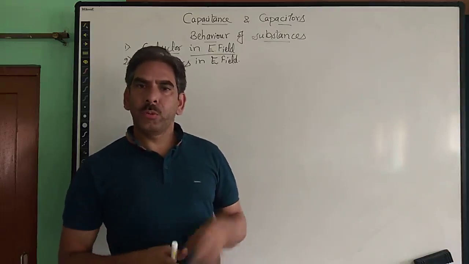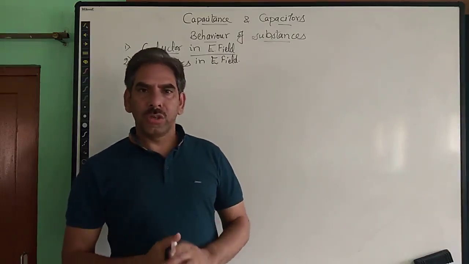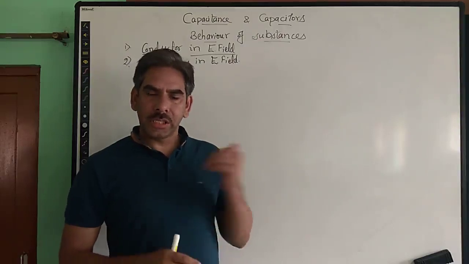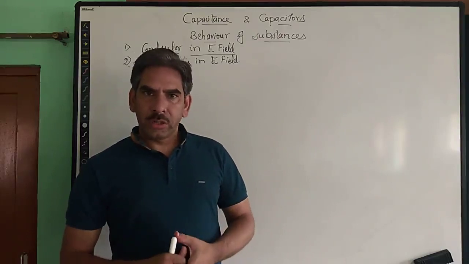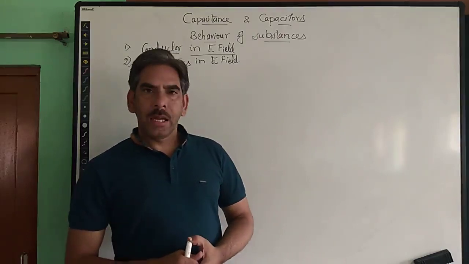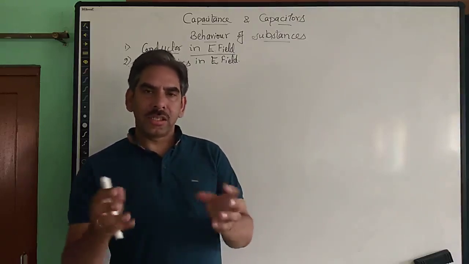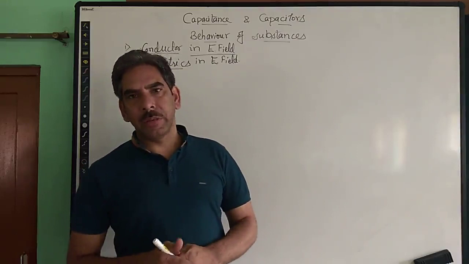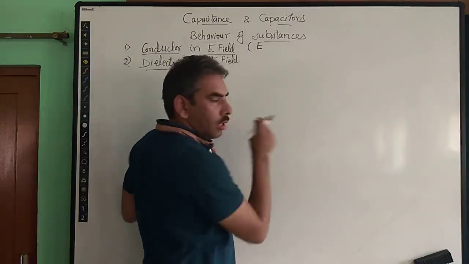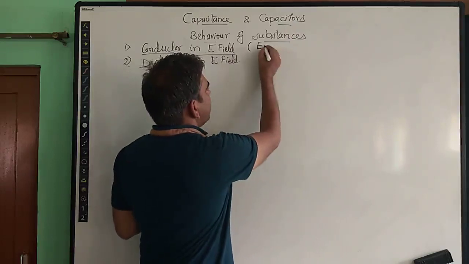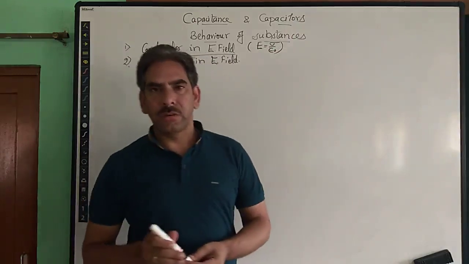We got a few properties: the electric field inside the conductor becomes zero, the net charge inside becomes zero, the electric field at the surface is normal to the surface, and the potential at every point on the surface or inside the conductor is the same. The electric field on the surface of a conductor is given by sigma upon epsilon naught. So these are the few things we discussed in our last video.